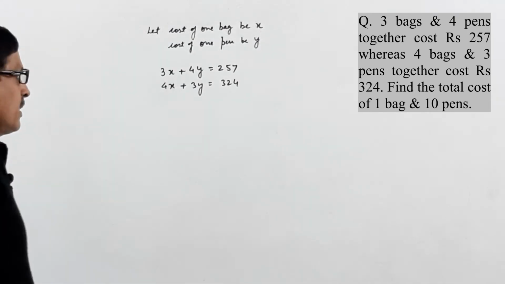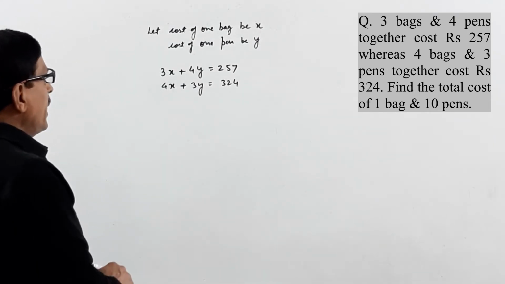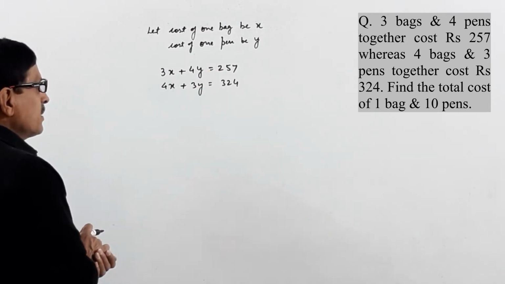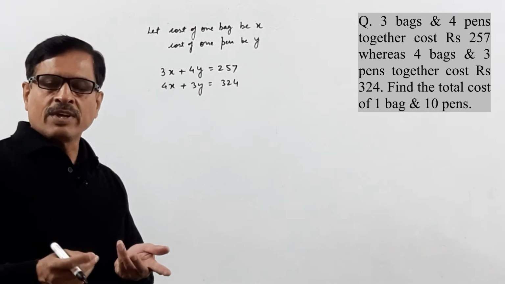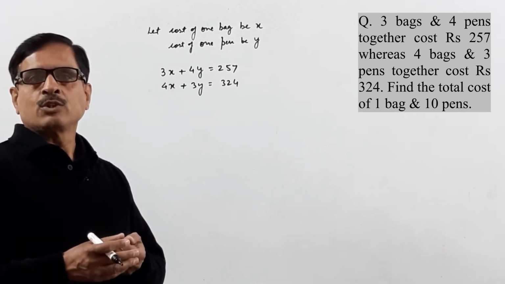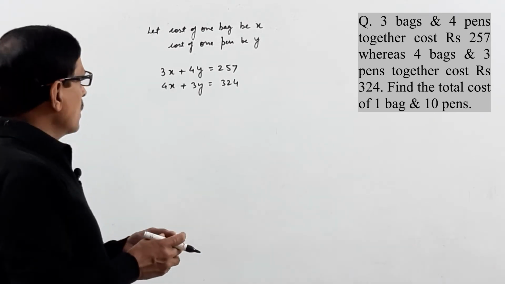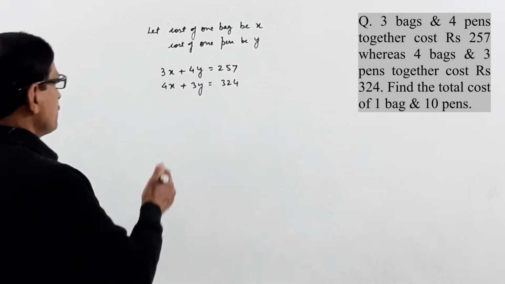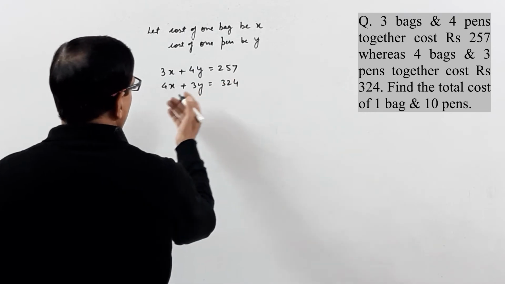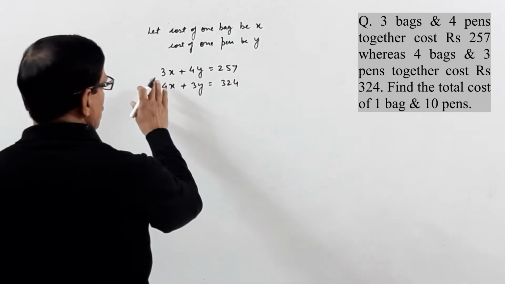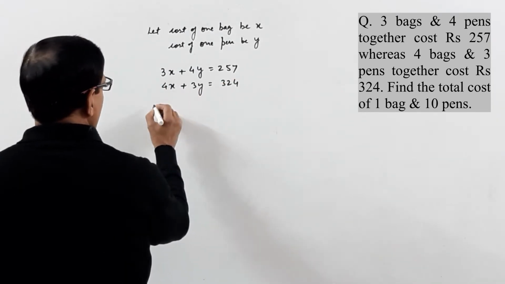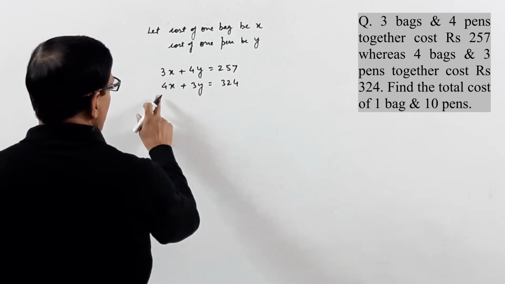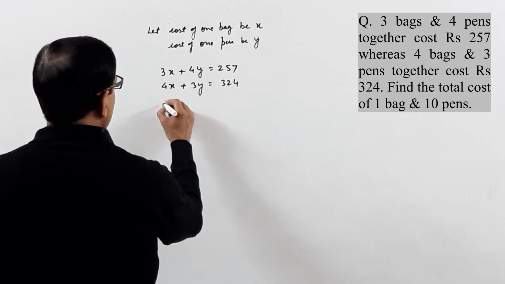So first we find the cost of 1 bag and 1 pen. Solving the equations by using any method, we can equate coefficients to eliminate the variables, or we can use the substitution method. In order to eliminate by equating coefficients, we multiply equation 1 by 4 and equation 2 by 3.